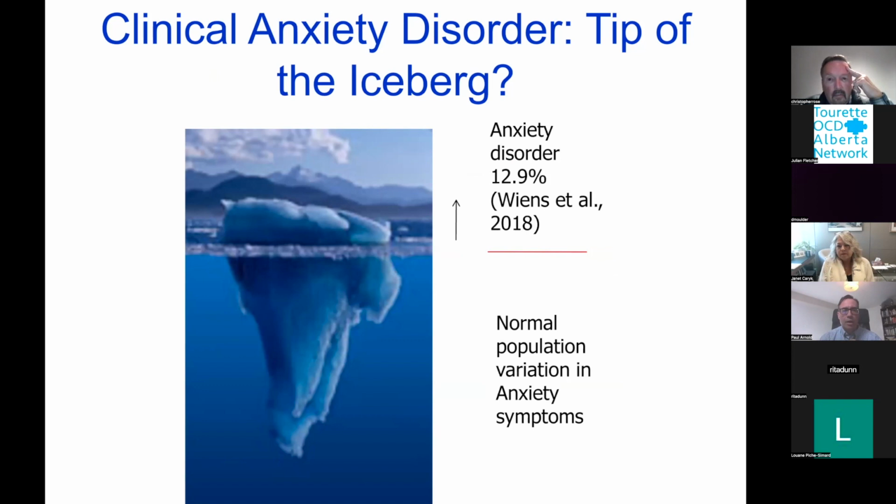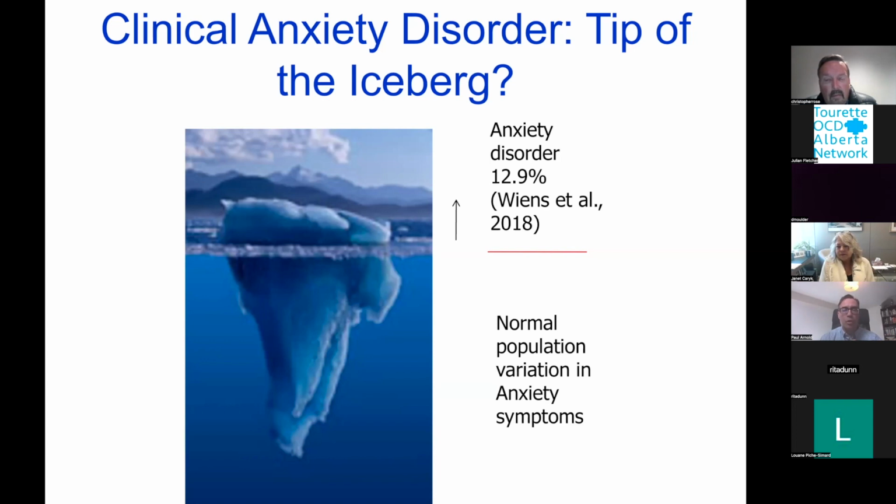And it's helpful in explaining this to our patients and their families that some degree of anxiety is adaptive and helpful. But clearly what we're talking about with anxiety disorders is the tip of the iceberg. There's this underlying level of anxiety that varies continuously in the population, but the ones who come for clinical attention are that tip of the iceberg. But it's a pretty big tip, and it may be getting bigger.